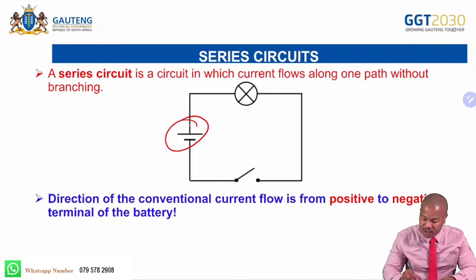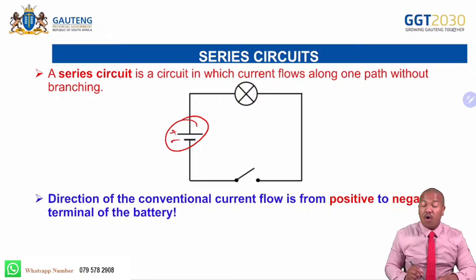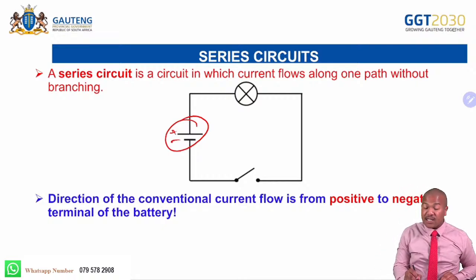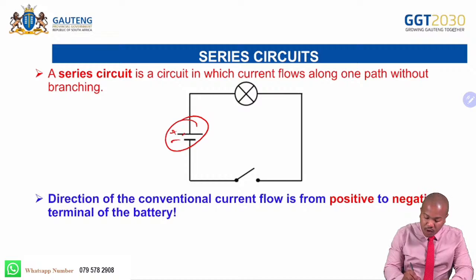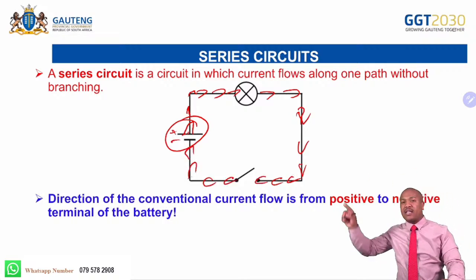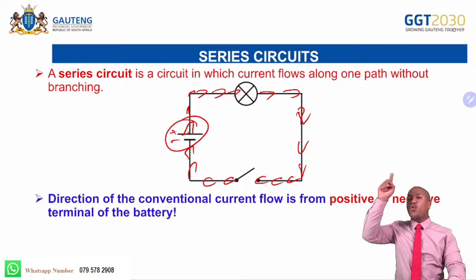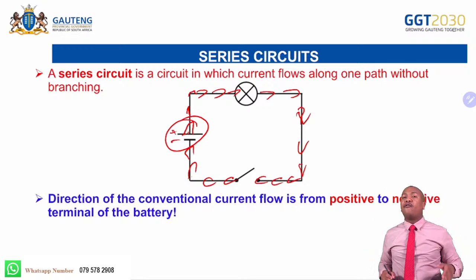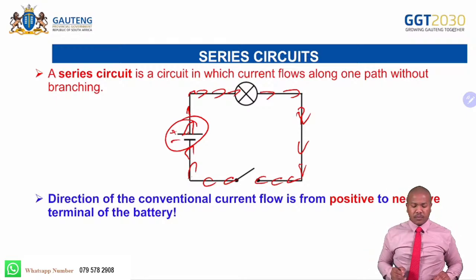So this is how it flows. The long arm is our positive, and the short arm is our negative terminal. So it follows one pathway like this, from the positive to the negative terminal. It keeps on going like that in one pathway without branching out. The energy is reused, from positive terminal to negative terminal, now and then, following one pathway.